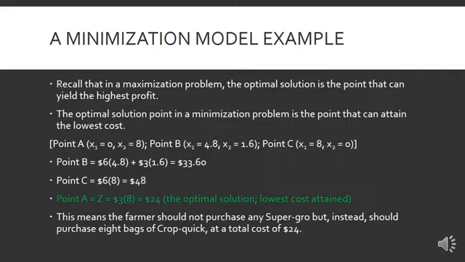Okay? So, nakuha nyo yun. Point A ang tamang sagot kasi pinakamababang gastos ang nakuha niya, $24. Hindi daw dapat siya bumili ng x sub 1 ng super grow. Kung hindi, dapat bumili siya ng 8 bags ng crop quick x sub 2 para yung cost niya, yung gastusin niya, nasa minimum lang, $24 lang.